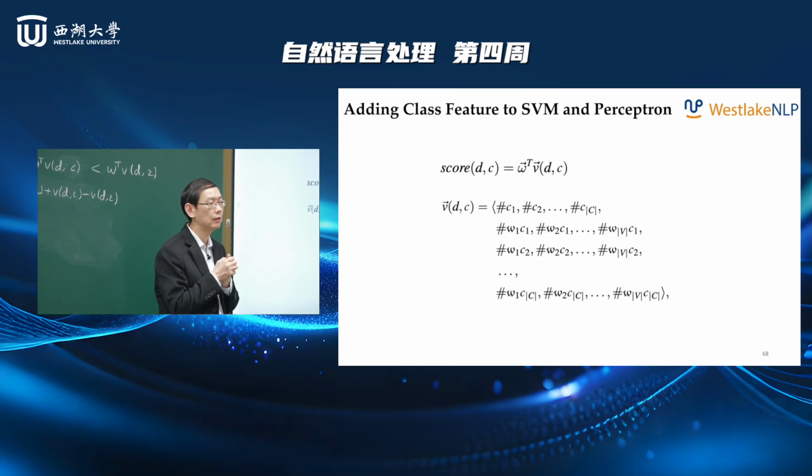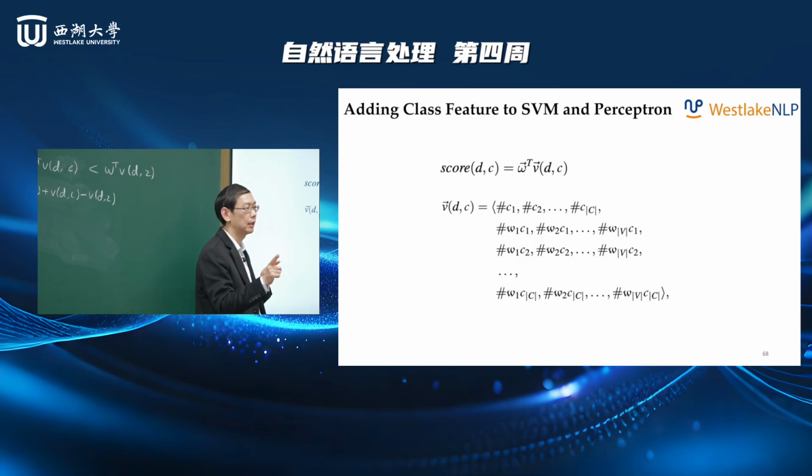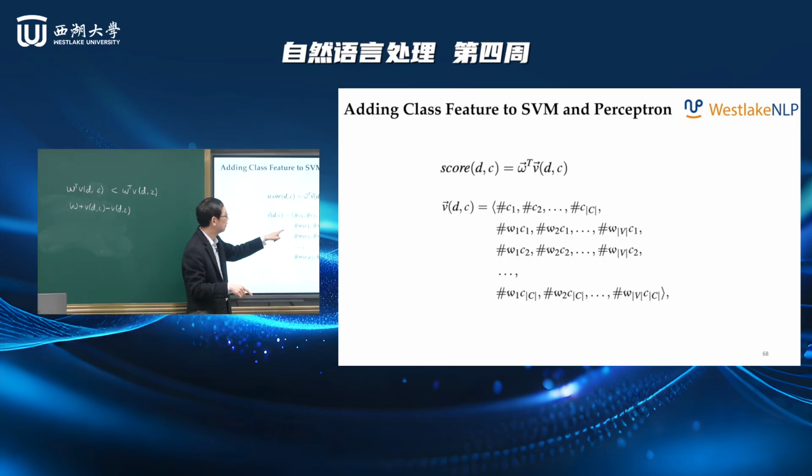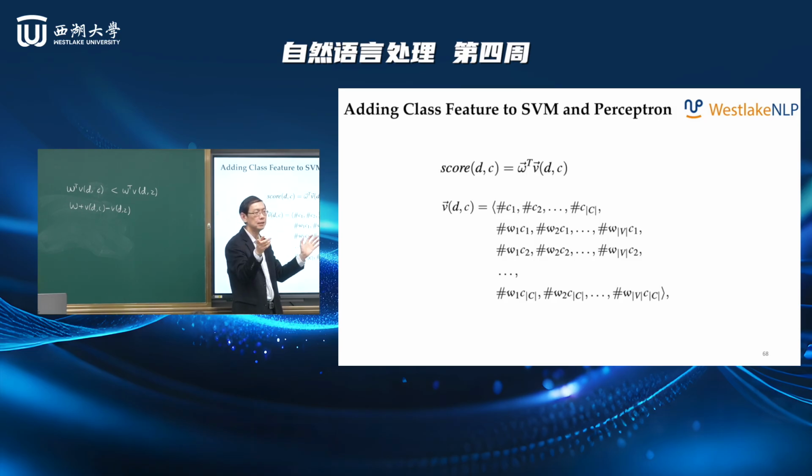So how does this work? When the class of the DC pair is C1, then in the first row, only the C1 is 1, right? The remaining is 0. Okay? So if DCC is C2, then only C2 is 1, the remaining is 0. So this provides information about C itself.